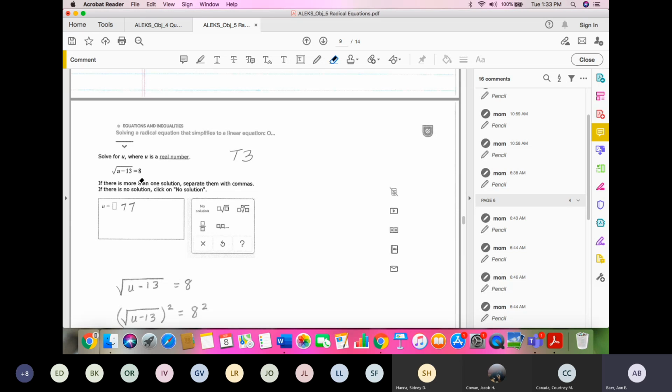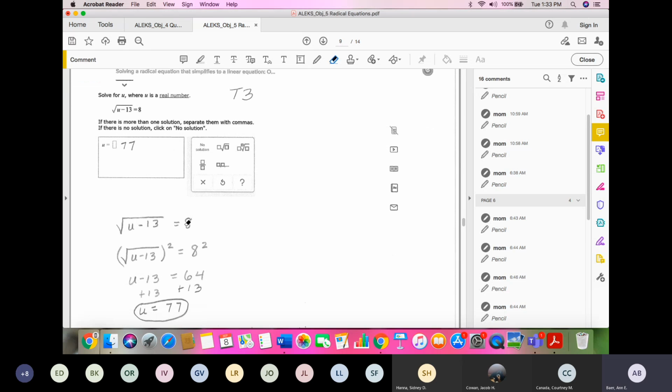That's what we're looking for. So our first step, isolate the radical. Now we're lucky that the radical's on one side by itself. That's what isolate means. Get the square root on one side by itself. And we already have that done for us. So I just copied it down.